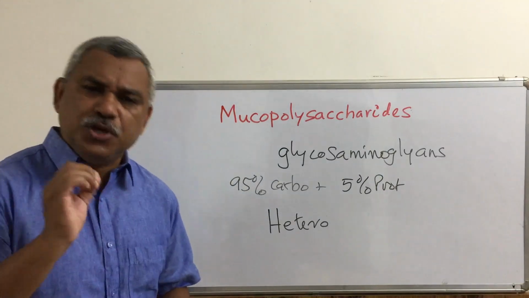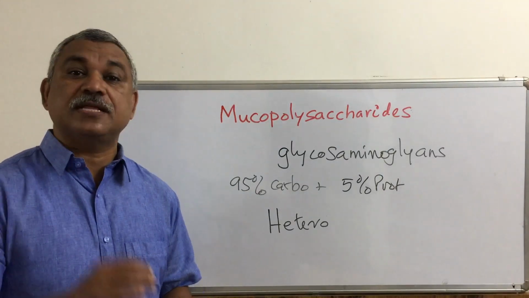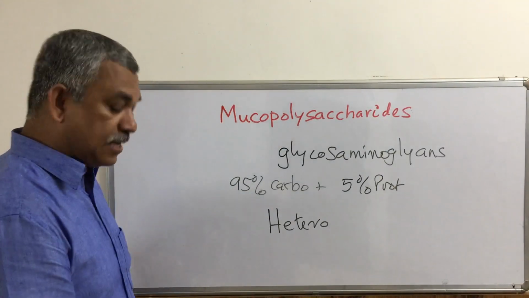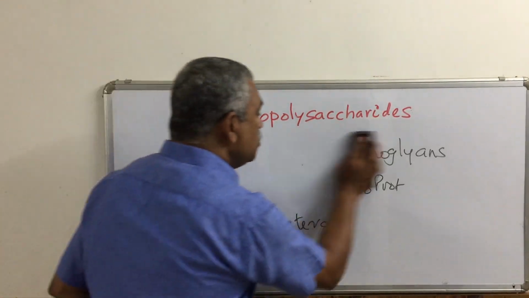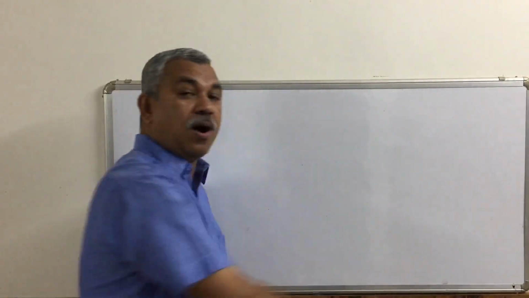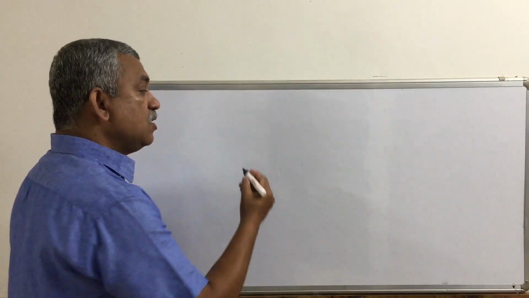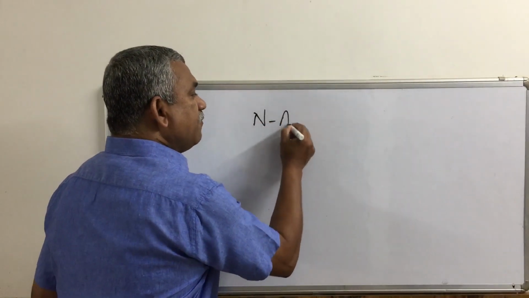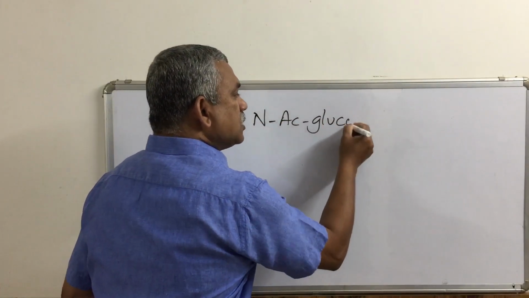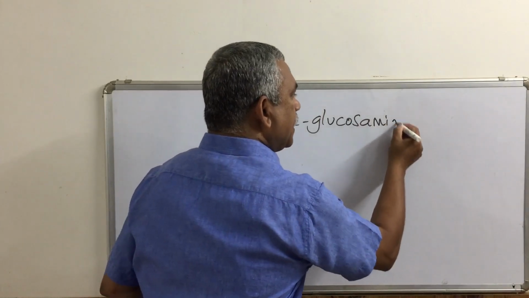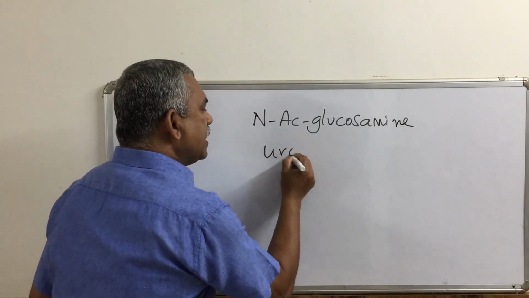Generally, of the two sugar units used in a mucopolysaccharide, one is a uronic acid, the other one is N-acetyl glucosamine. So you have N-acetyl glucosamine and a uronic acid.